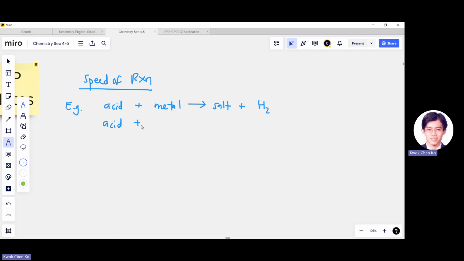So I think no need to elaborate further. You should be familiar with these two reactions. You should. The other one is acid plus carbonate. What do you get, meeting? Metal carbonate? Do you get metal carbonate?